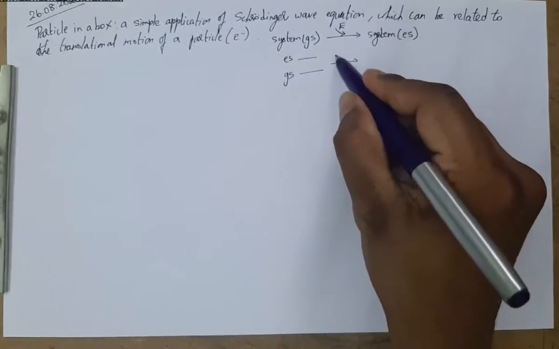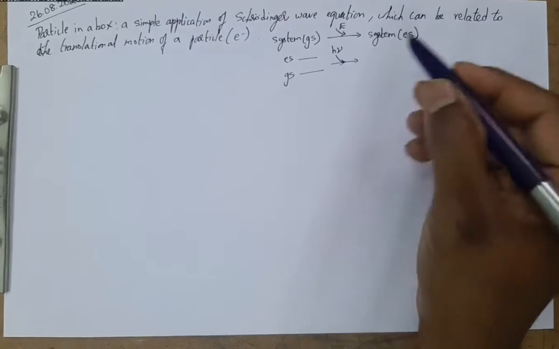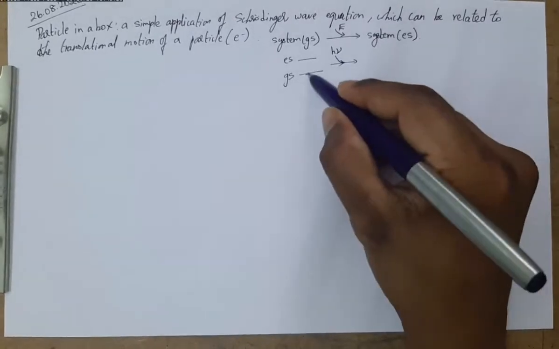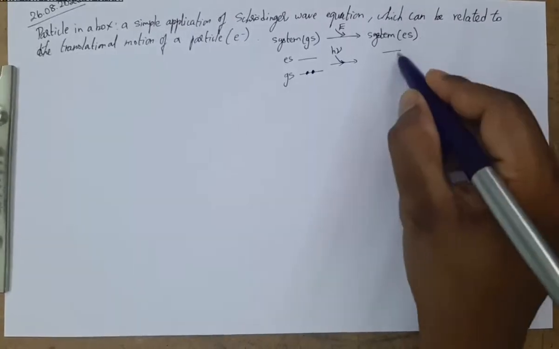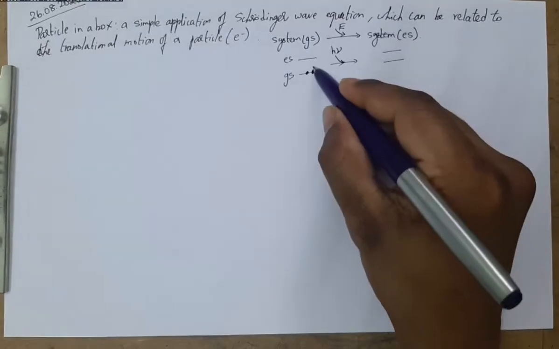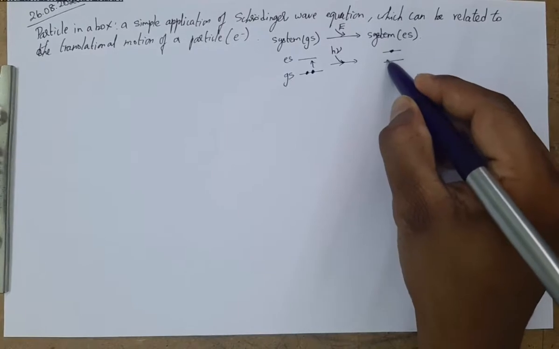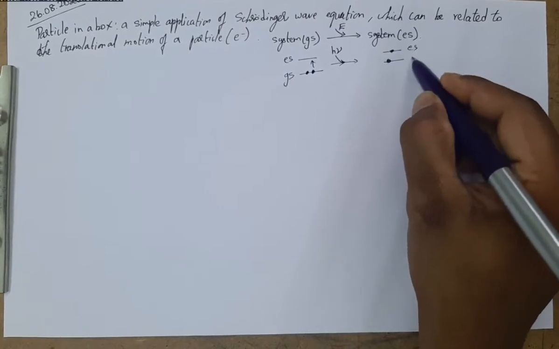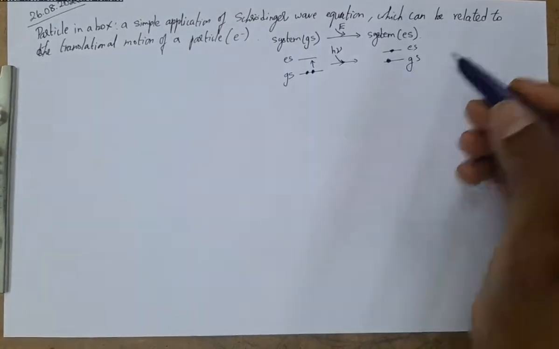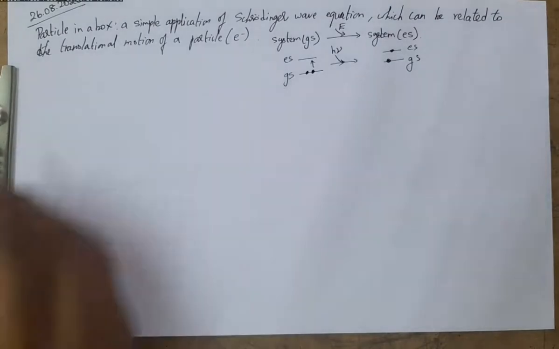You give some light energy. Let's say there are two electrons here, so one moves from here to here. So this is your excited state now, this is your ground state. So how do we define a problem?